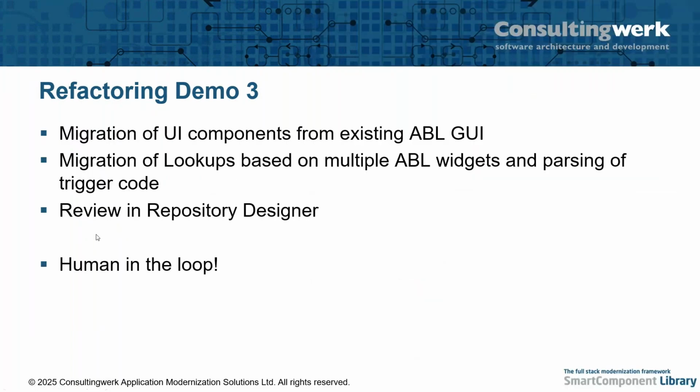For certain UI components, lookups are always the easy example, because every application has some form of lookups. We want to replace them with the actual lookup component in our framework. Here in these 18.2 smart viewers, the lookups are just one fill-in, a button, and another fill-in with a description field, etc. And I want to let the human take control over all design decisions.